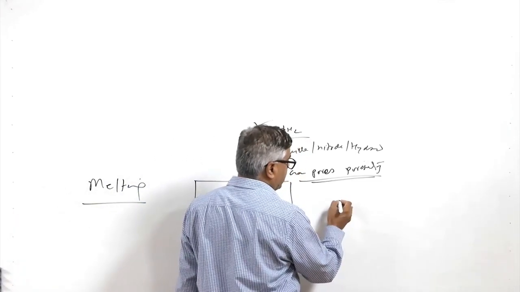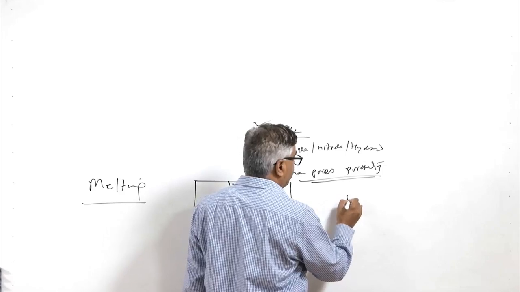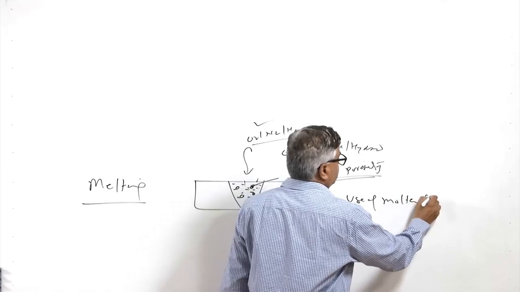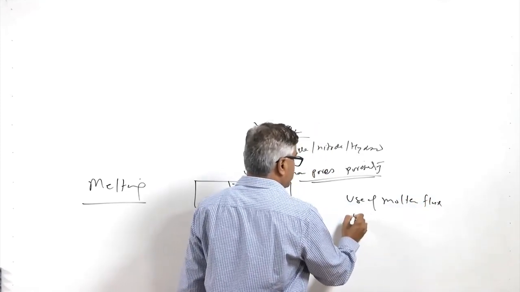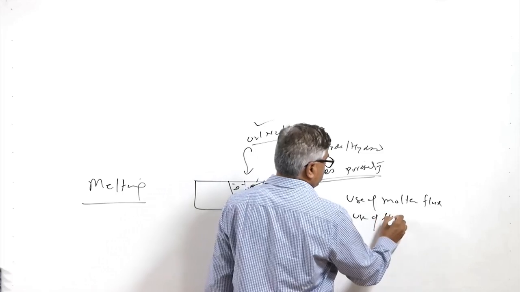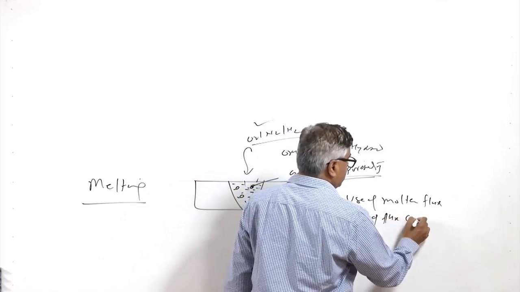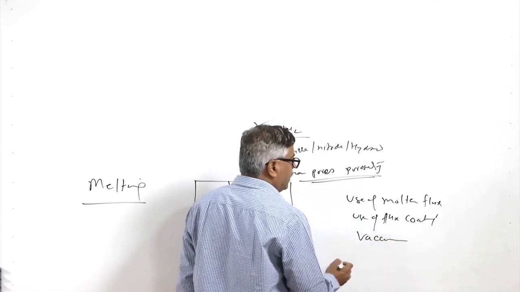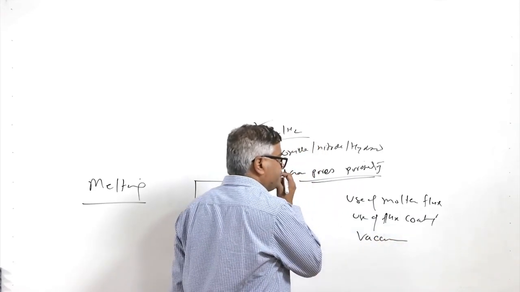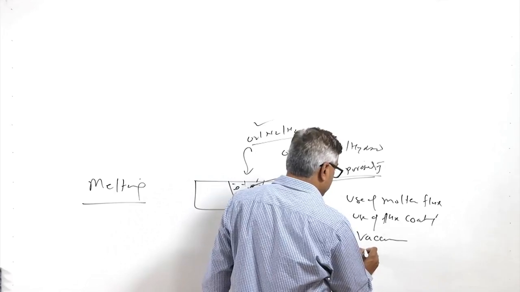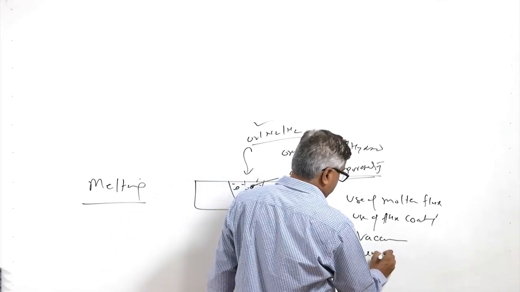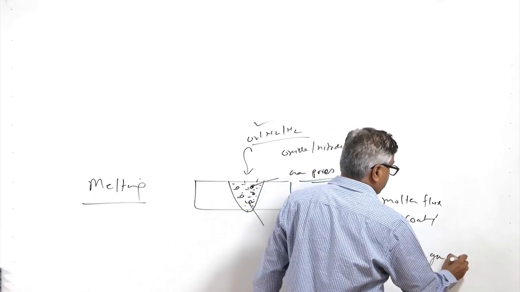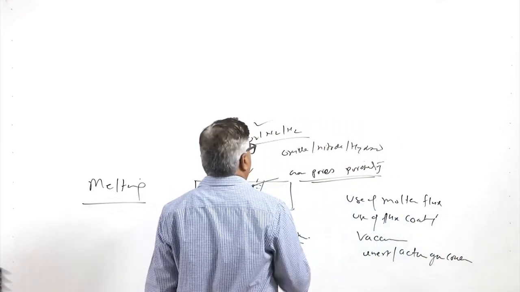These approaches are like use of molten flux, use of flux coatings, use of vacuum, and use of the inert or active gas cover or blanket around the arc.